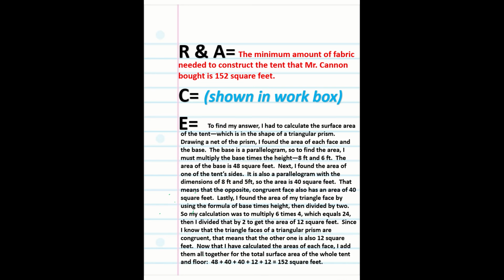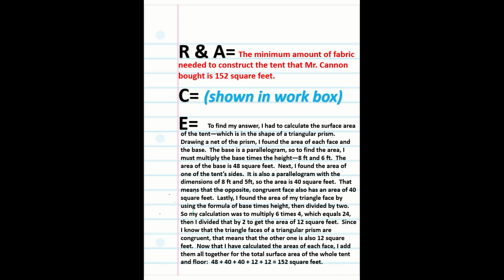So for mine, I said to find my answer, I had to calculate the surface area of the tent, which is in the shape of a triangular prism. Drawing a net of the prism, I found the area of each face and the base. The base is a parallelogram. So to find the area, I must multiply the base times the height, 8 feet and 6 feet. The area of the base is 48 square feet.